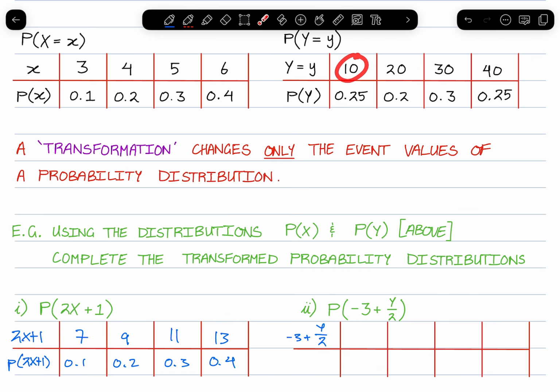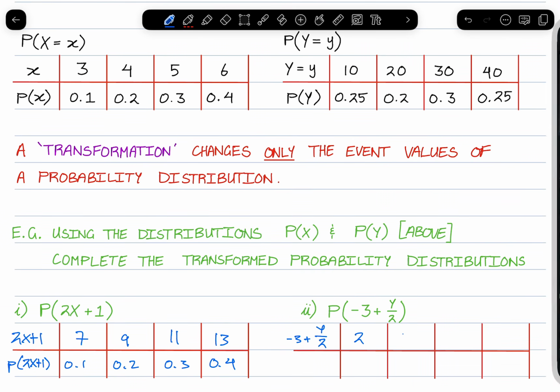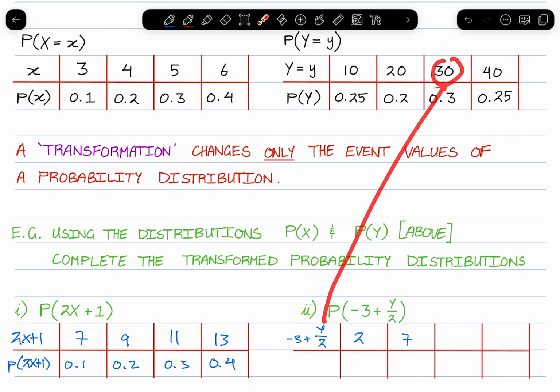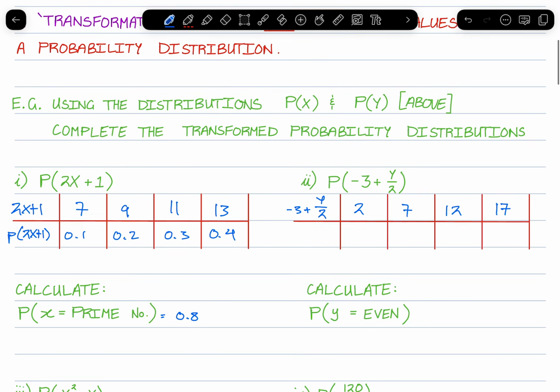So halving and then minusing 3. So half of 10 is 5, minus 3 is 2. Next one. Halving this is 10, minus 3 is 7. Next one. Halving this is 15, minus 3 is 12. I'm pretty sure the next one is going to be 17.